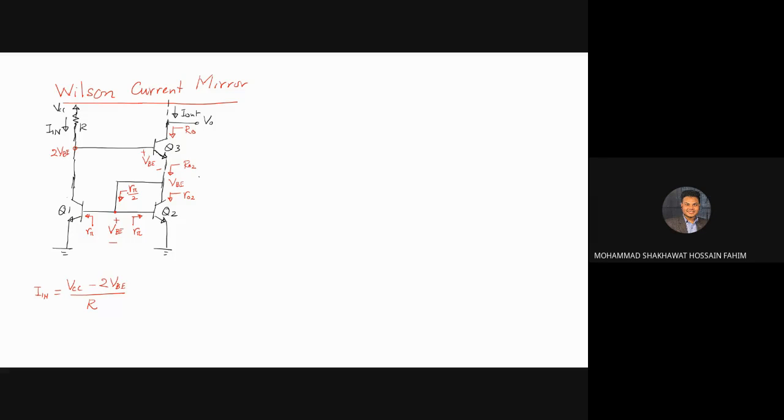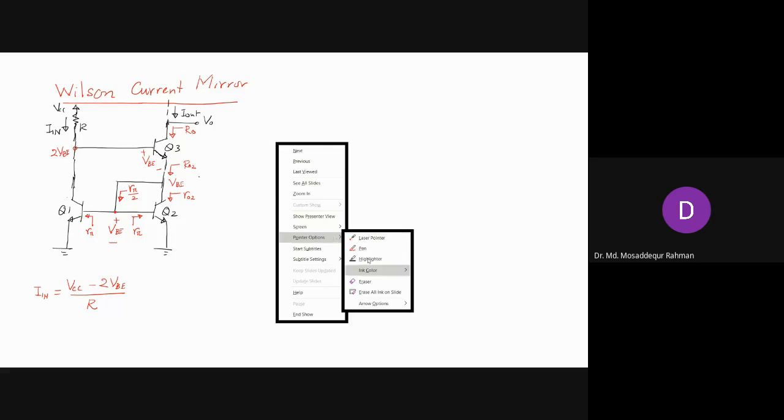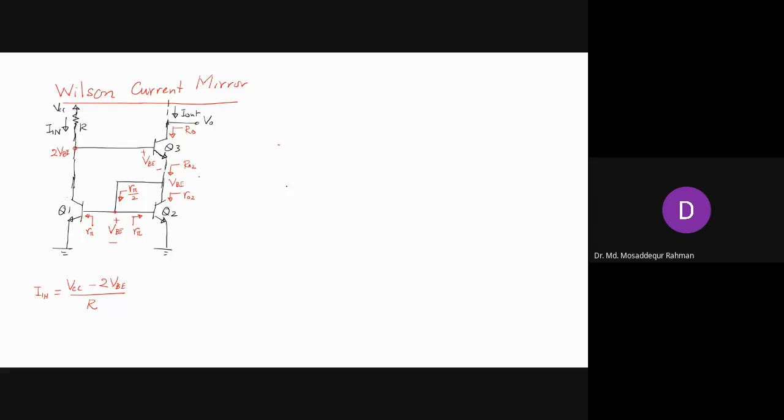Yes, sir. So what will be your R02 then? Sir, r naught in parallel with R pi by 2. R pi by 2, right. So now if I draw the equivalent circuit from the output side, it will look like this.